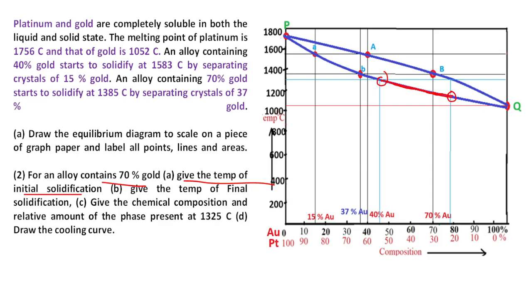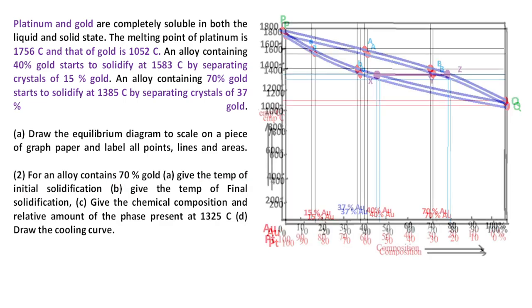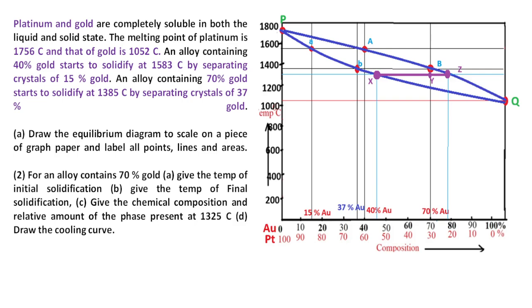Next, give the chemical composition and relative amount of phases present at 1325 degrees Celsius.